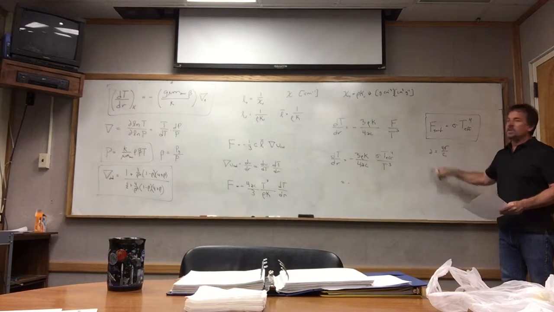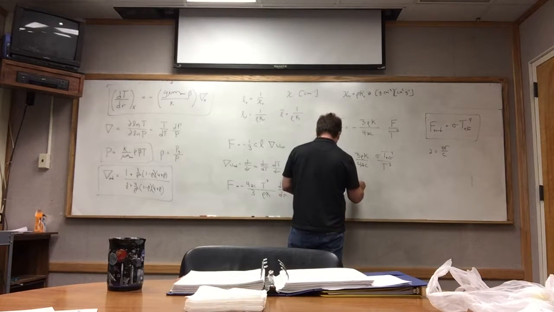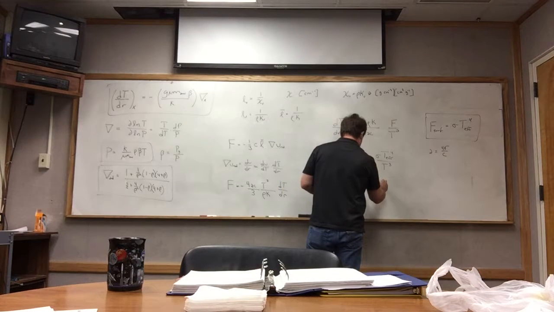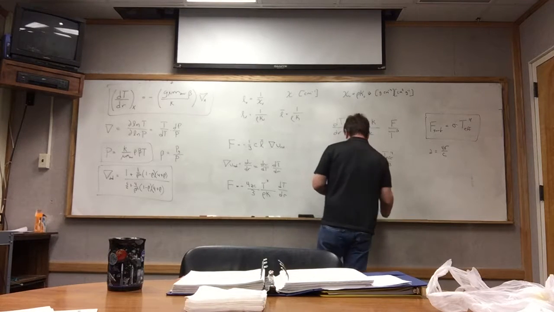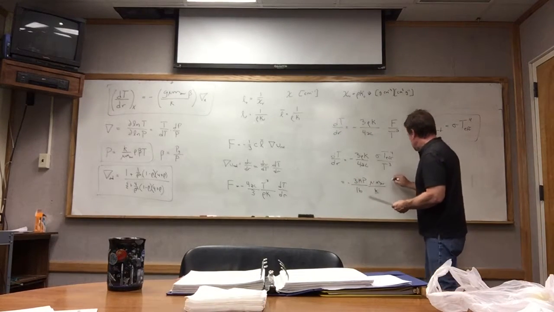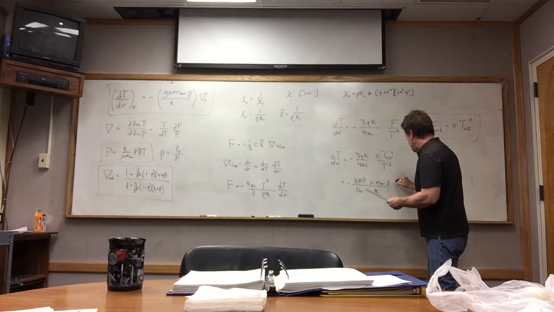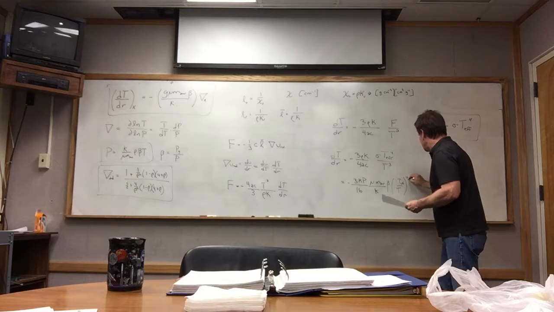That's actually the definition of A. And so doing that, you get 3 kappa times the pressure over 16 times mu m sub a mu over k, the Boltzmann constant, times, there's a beta in here, and then times T effective over T to the fourth.